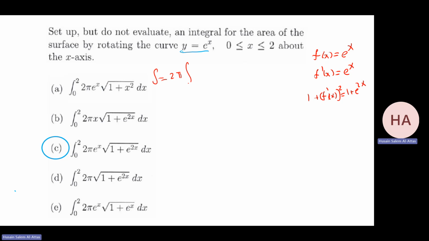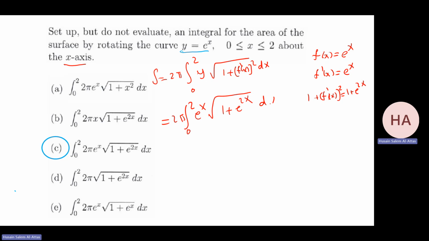It's 2 pi integral from 0 to 2 of y, about the x-axis, we have y square root of 1 plus f prime squared. 2 pi from 0 to 2 of y, which is e to the power x, times square root of 1 plus e to the power 2x dx, which is this.